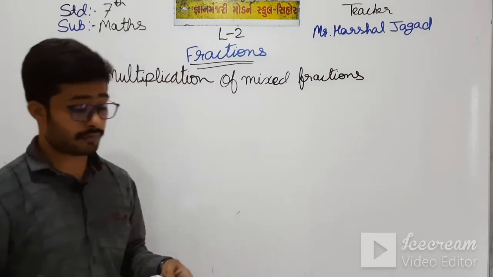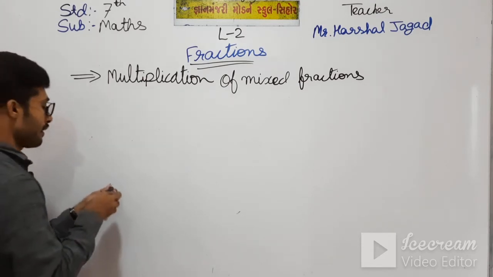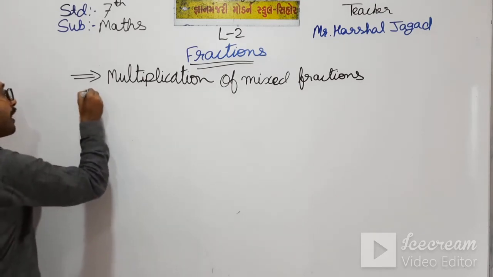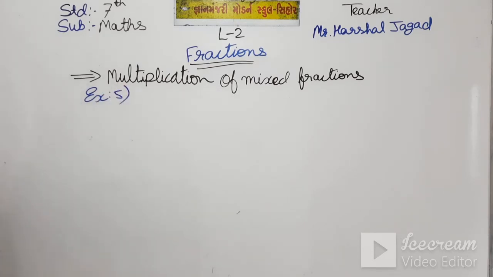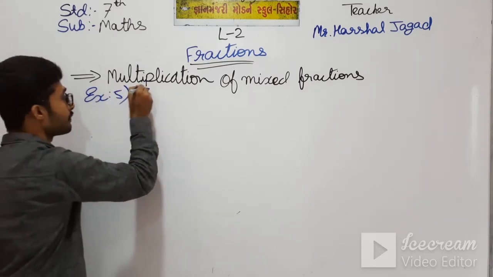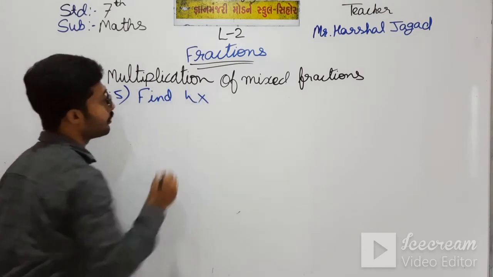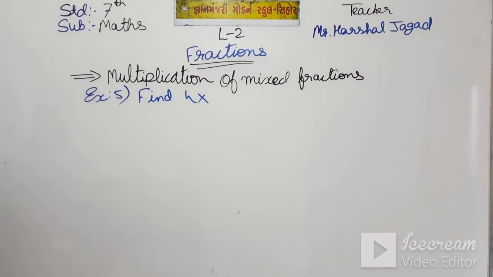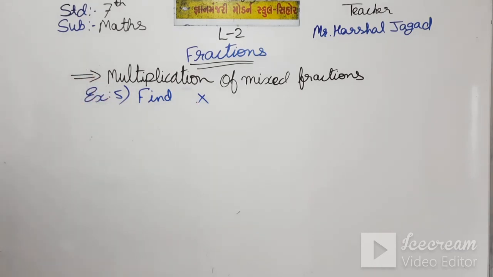Okay students, first of all we will start with example number 5. Example 5: find 4 into 4 and half.